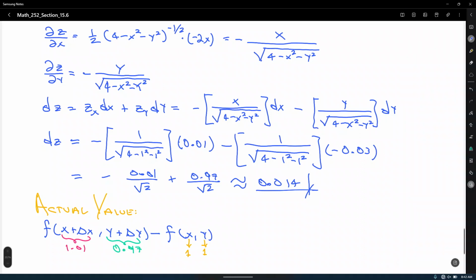So the original function, without finding any partial derivatives, by the way, is the square root of 4 minus 1.01 squared minus 0.97 squared, minus the value of the original function.